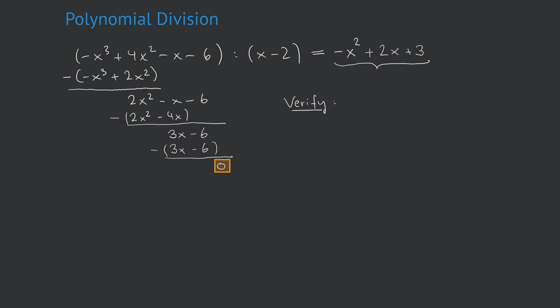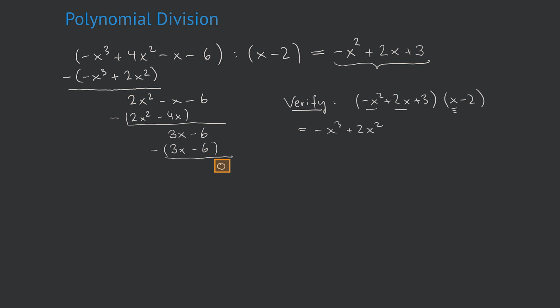And we can verify that this is right by simply multiplying minus x squared plus 2x plus 3, which is our result of the division, times x minus 2. And we expect to recover the original polynomial p. So let's do that. x times minus x squared is minus x to the third power. x times plus 2x is plus 2x squared.